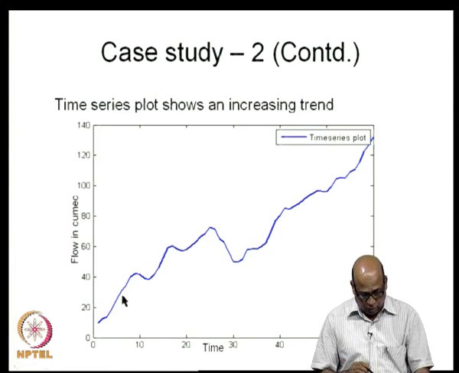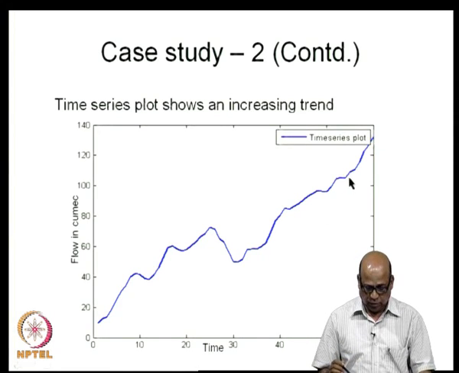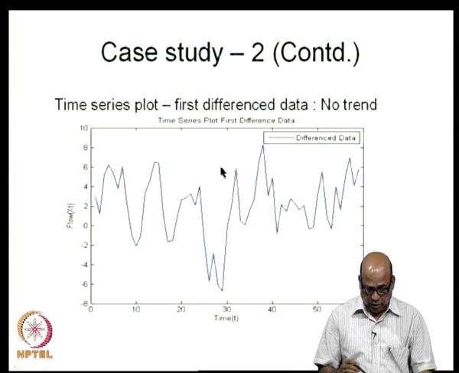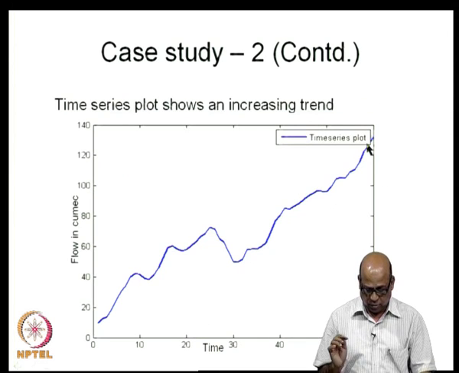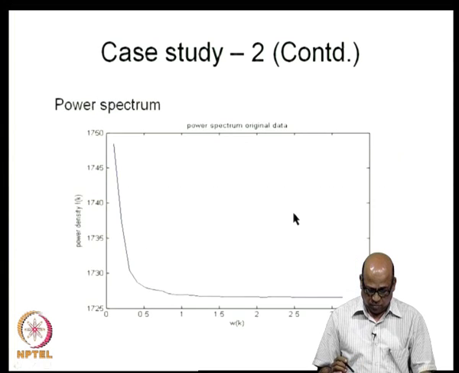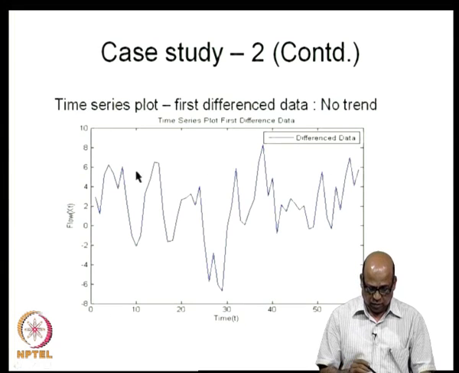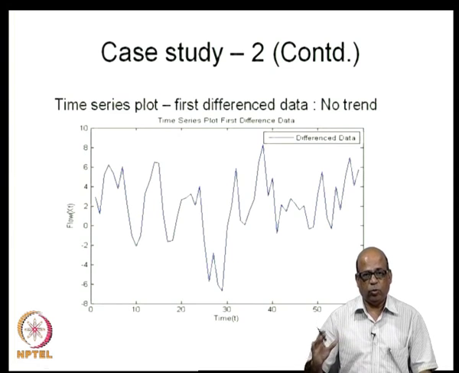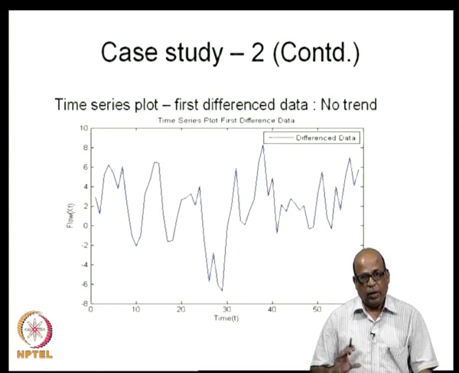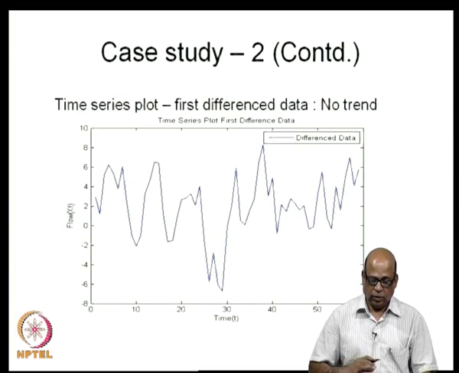So, let us see on this, if we do the differencing, we get the time series for the first differenced data, that is first order differenced data. As you can see here, what was appearing like this in the original time series, now when we do the differencing, it appears something like this, which means that the trend that was so apparent in the time series has been removed now.